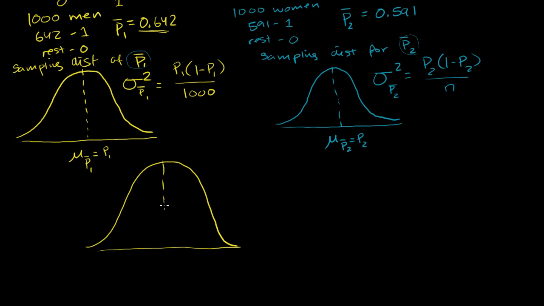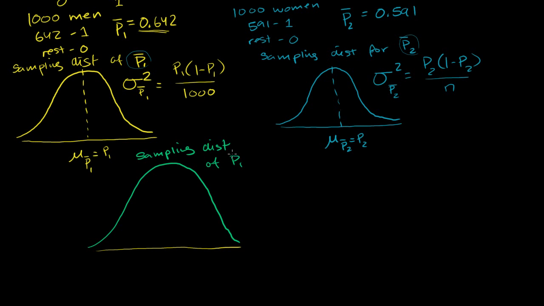It will have some mean value. I should do this in a different color. I'll do it in green. Yellow and blue make green. So I'll call this the sampling distribution of this statistic, P1 minus P2.